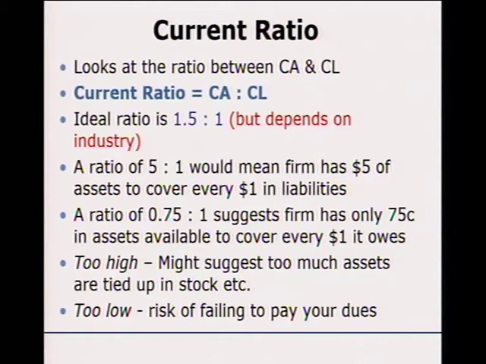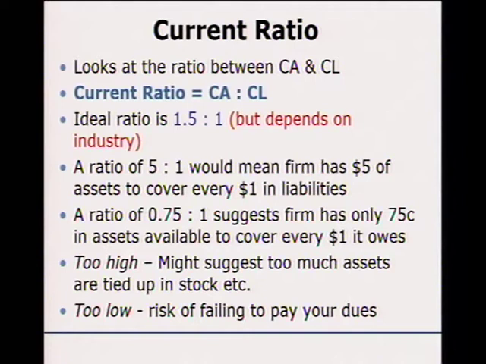Ratios, it's just like we are saying current assets divided by what? Current liabilities. It's another way of expressing a ratio. And we're saying the ideal ratio that we require when we're looking at current ratio is 1.5 to 1. But this is not cast in stone.